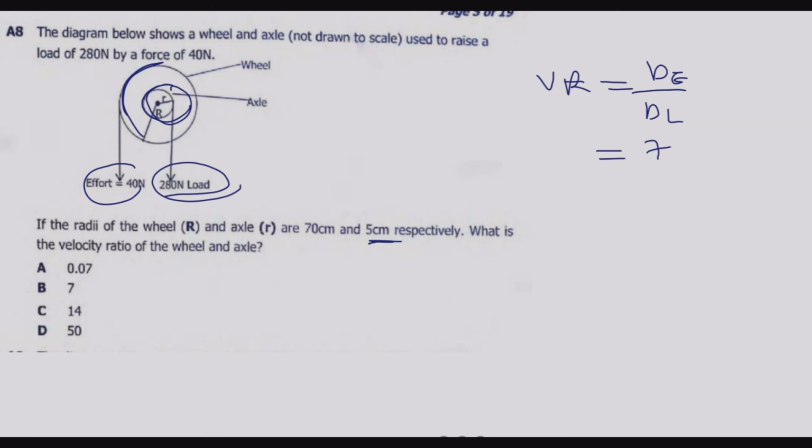So the ratio is 70 to 5. The effort is 70, then the load is 5. So when we divide that, we are going to end up with 14. So 14 is the velocity ratio.